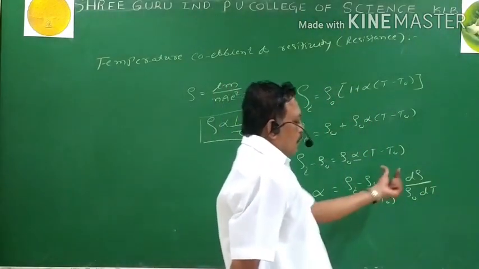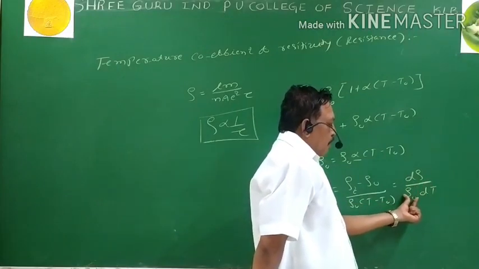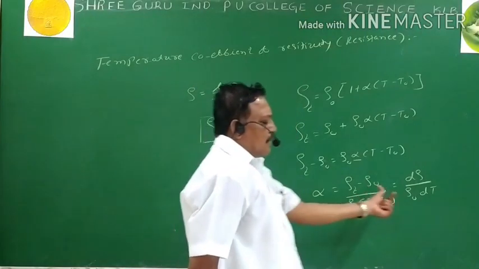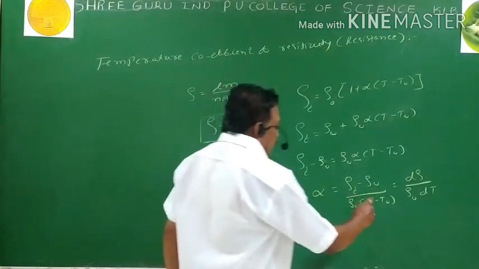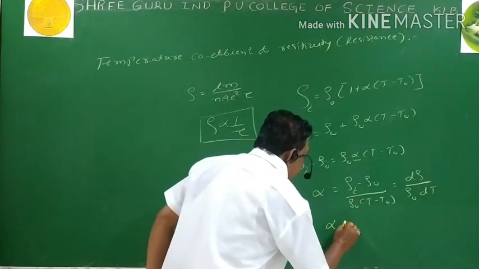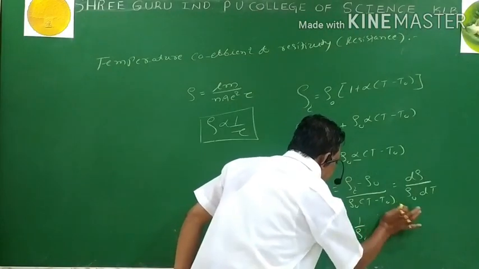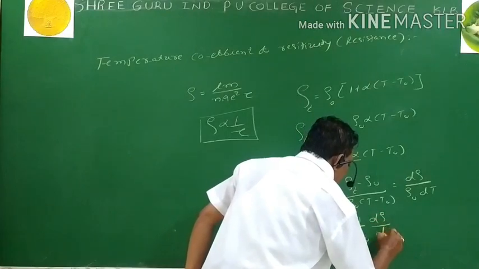Here d rho is the change in resistivity, dT is the change in temperature, and rho naught is the resistivity at the reference point, which we can say is at 0 degrees centigrade. That is nothing but the reference temperature. By seeing this equation, alpha equals 1 by rho naught into d rho by dT.